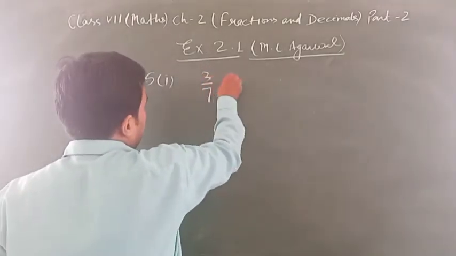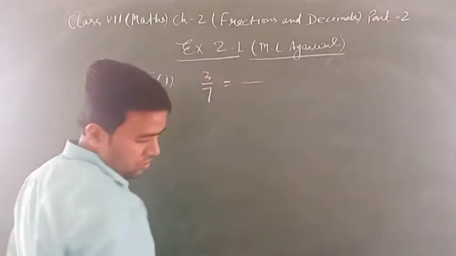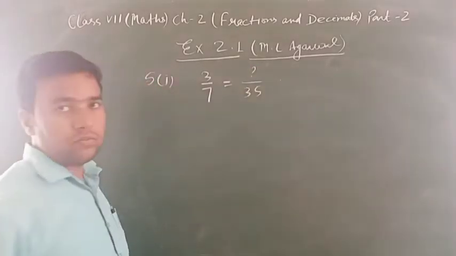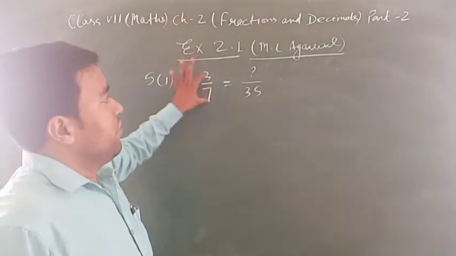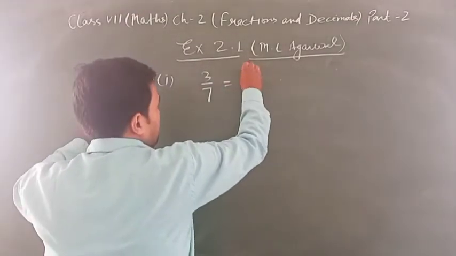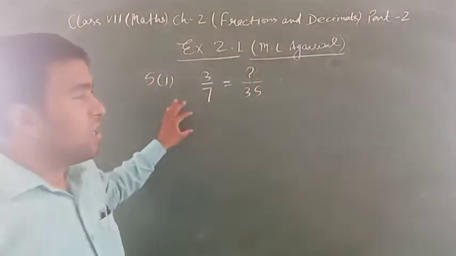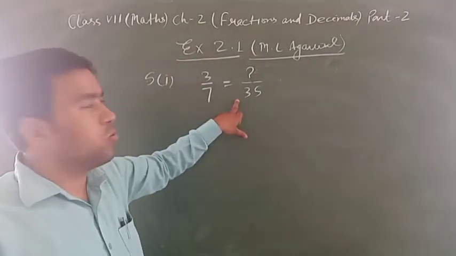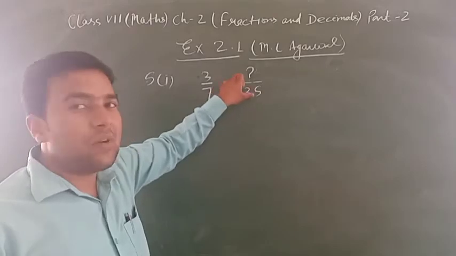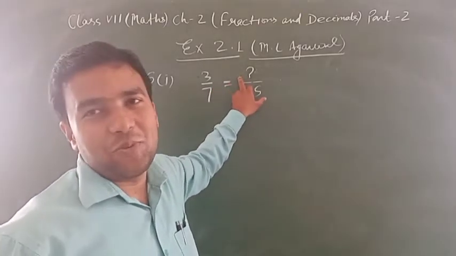3 by 7 equal to something upon 35. Fill in the blanks is given. It is a question mark. Clear? 3 by 7 equals question mark upon 35, means in the question mark place which number you will write.